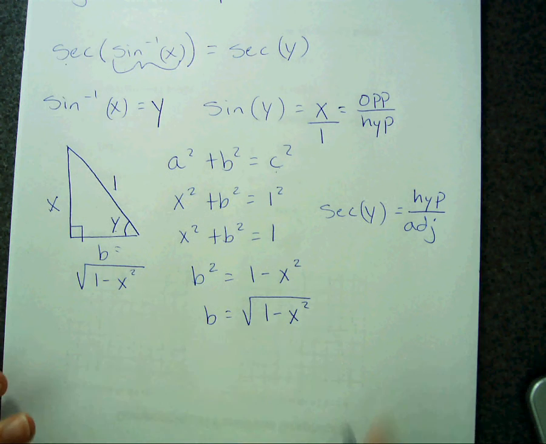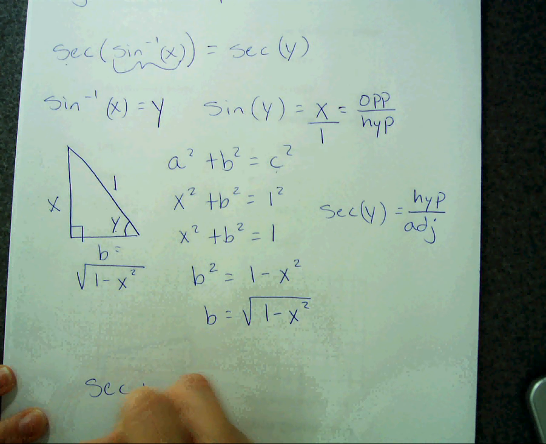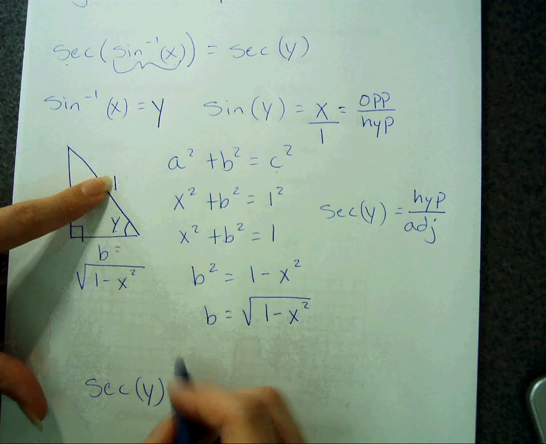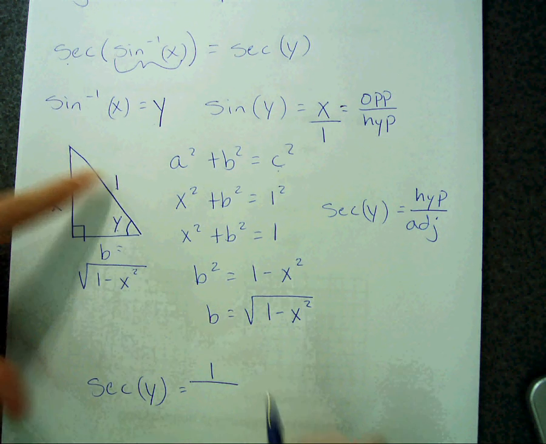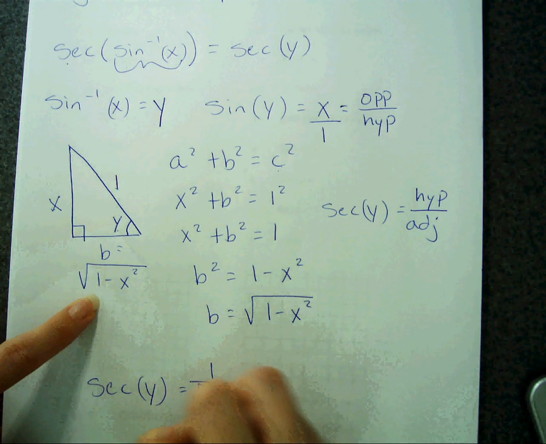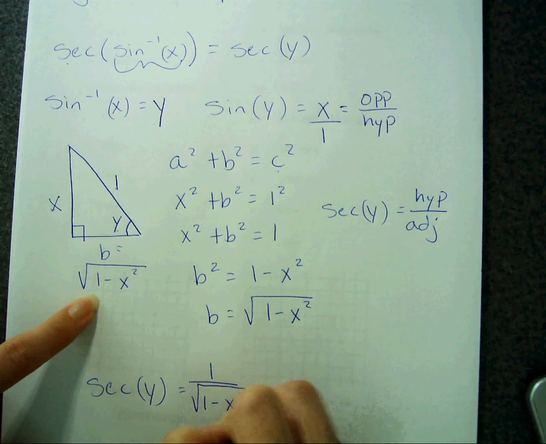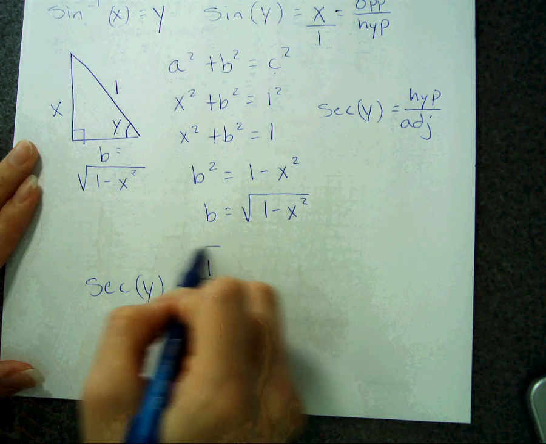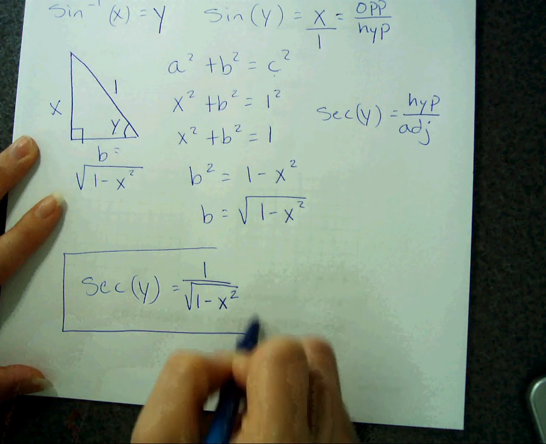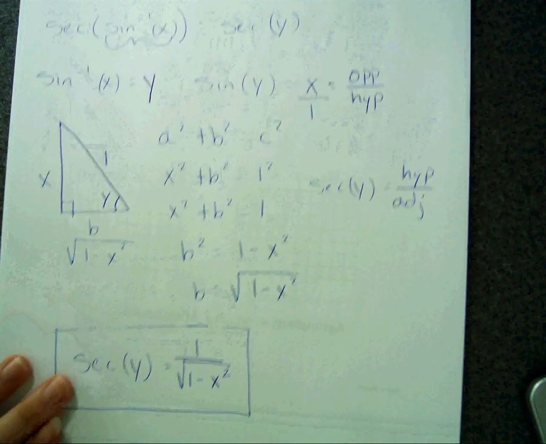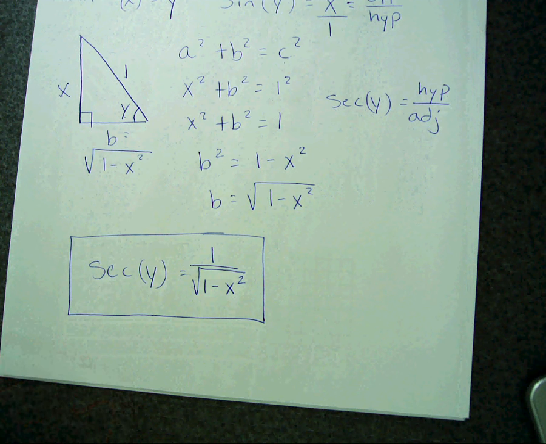So I know that secant of y will be, here's y, the hypotenuse is 1, so 1 over the adjacent side length to y, which is the square root of 1 minus x squared. And there we go. I rewrote the trigonometric composition as an algebraic expression. So secant of sine inverse of x is 1 over the square root of 1 minus x squared.